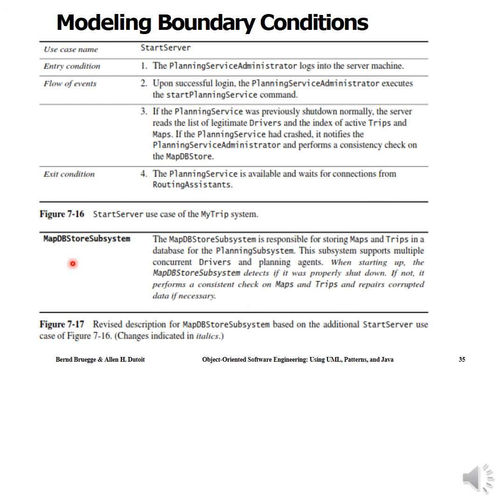So when starting up, the map DB store subsystem detects if it was properly shut down, and if it was not shut down properly, it performs a consistency check on maps and trips and repairs corrupted data from the previous run if necessary. This is the revised description for the map DB store subsystem based on the additional start server use case. Changes are indicated in italics.